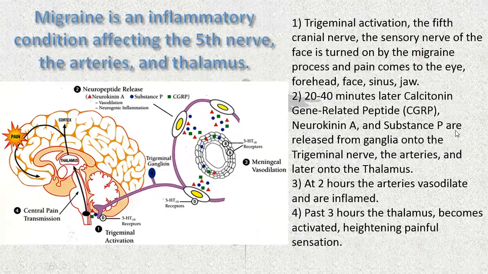After a while, the trigeminal ganglion starts to release some peptide neurotransmitters. These include neurokinin A and substance P, but probably the most important is going to be the calcitonin gene-related peptide.